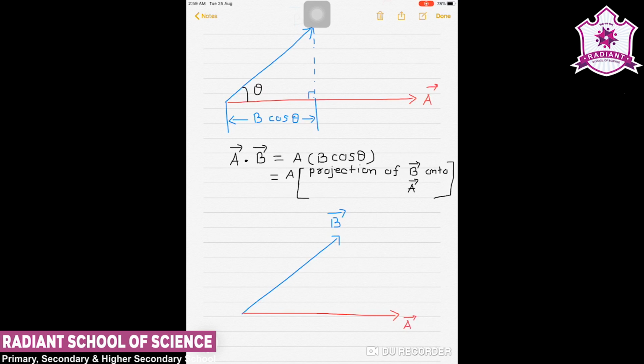Now the angle is theta. Now what I will do, I will take the projection from vector a onto vector B like this. This is the projection from A onto B. So this portion I define as A cos theta.